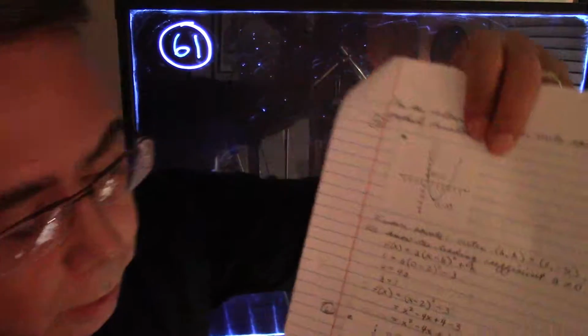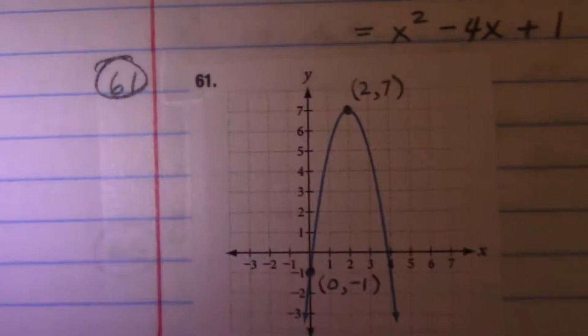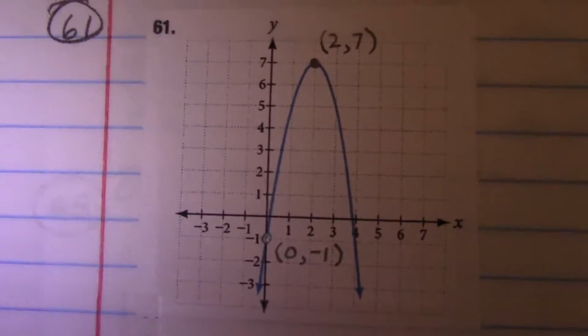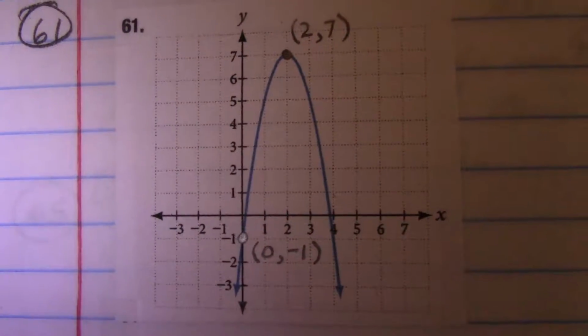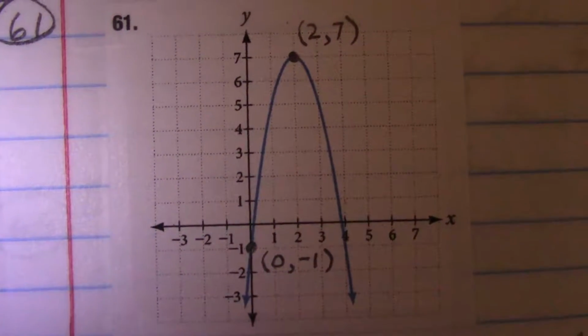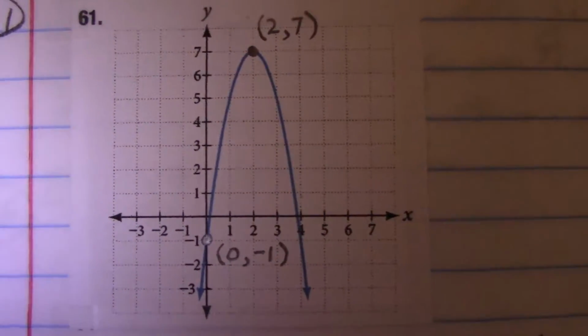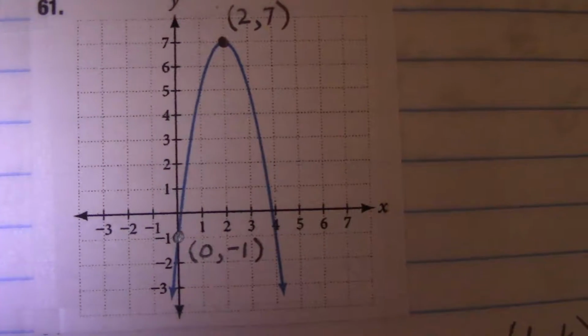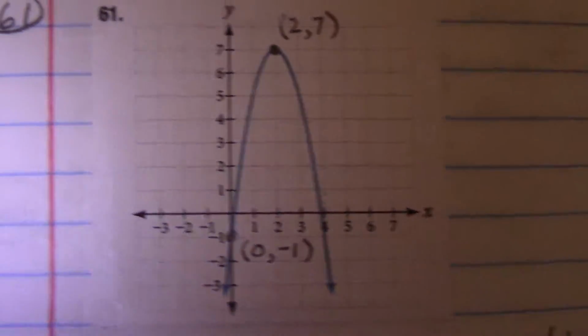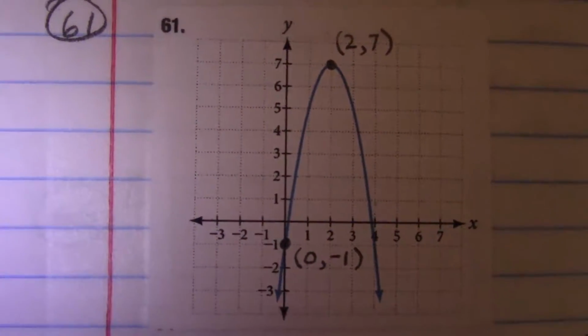Number 61. Here's our graph, and the points that I've picked, you want the vertex and another point, preferably one that's easy to work with, like one involving zeros like I have here. You can pick other points if you wish, but make it easy on yourself.